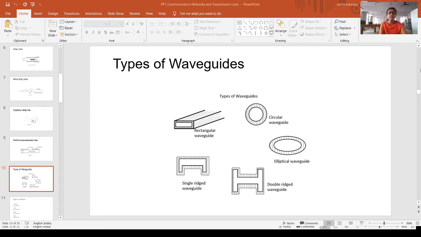So waveguide is generally preferred in microwave communication, and a waveguide is a special form of transmission line which is a hollow metal tube.